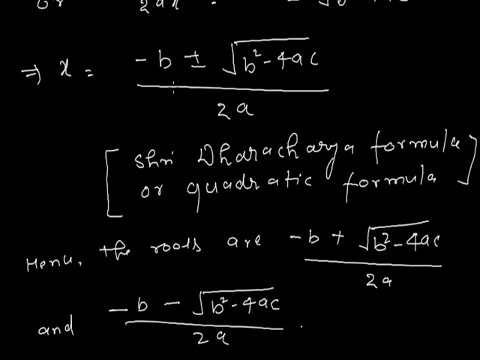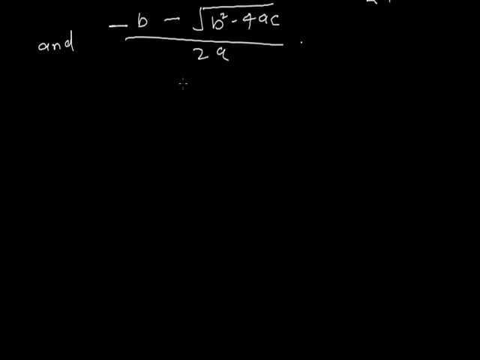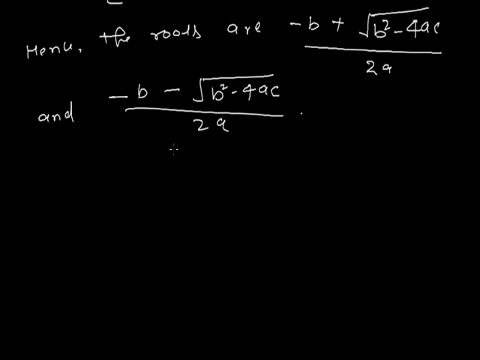Now let us take an example of this method. Before taking the example, we should know about b square minus 4ac.